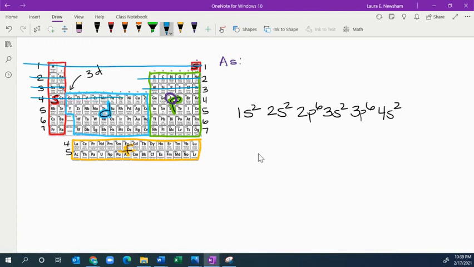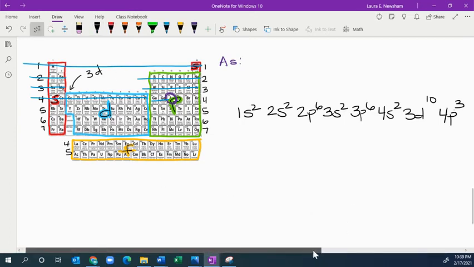Going to go through all the D's because I still haven't found arsenic. So that's going to be 3d10. And then come back up for P3. Sorry about that. 4p3.